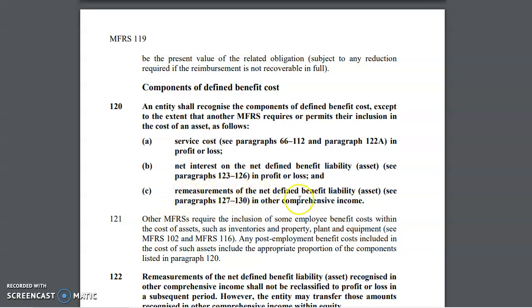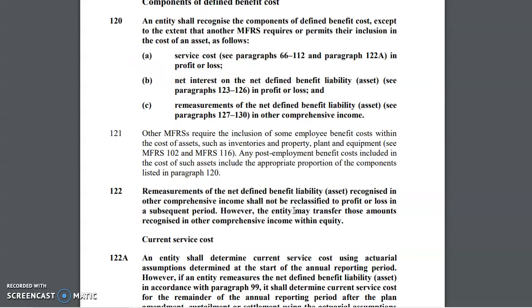So this remeasurement will be shown in other comprehensive income. Remeasurement of the net defined benefit liability or asset recognized in OCI shall not be reclassified to P&L in a subsequent period. However, the entity may transfer those amounts recognized in the OCI within equity.